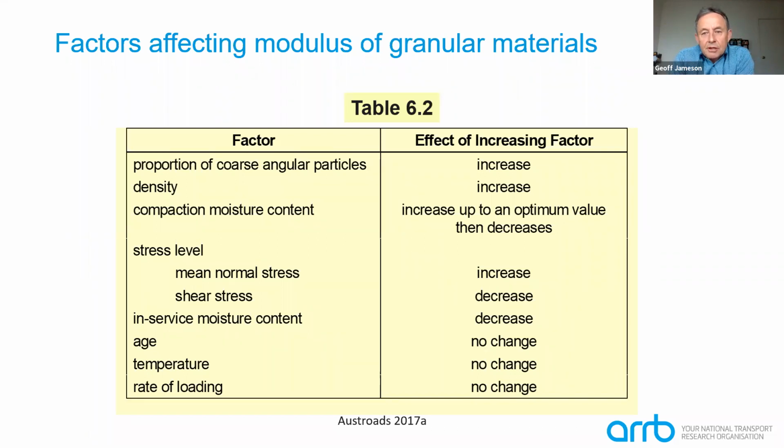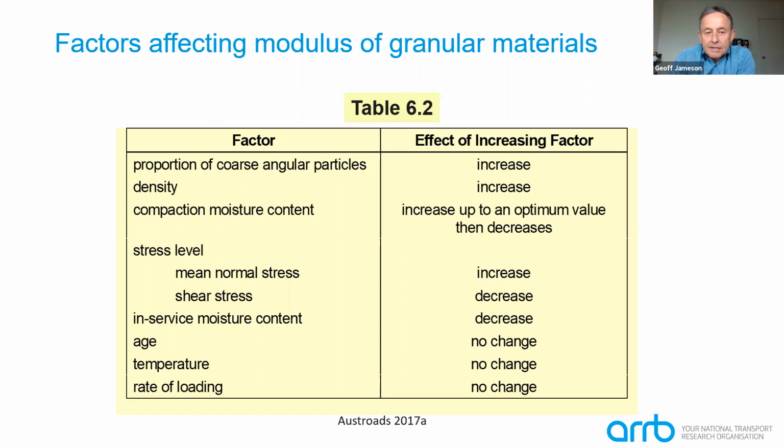Now, some of the factors that affect the granular material modulus, the critical ones are really stress level. The modulus increases with mean normal stress, completely different from subgrade materials, which go the other way, and it also decreases with shear stress. Moisture content: as you increase the moisture content, the modulus reduces.